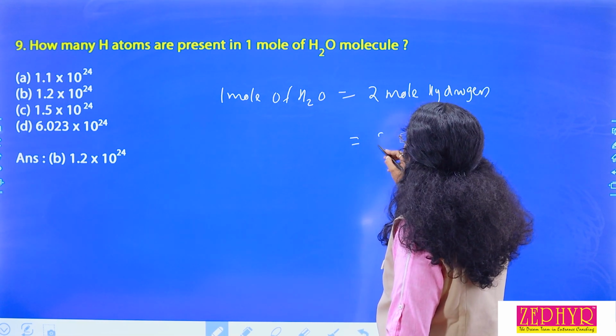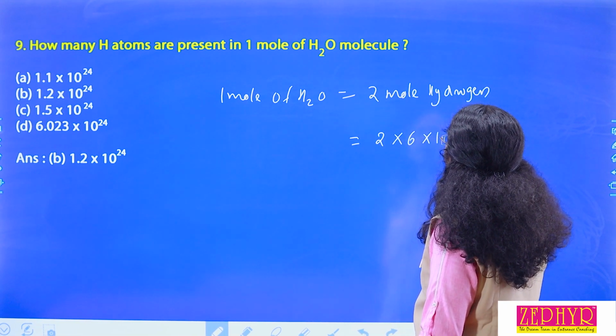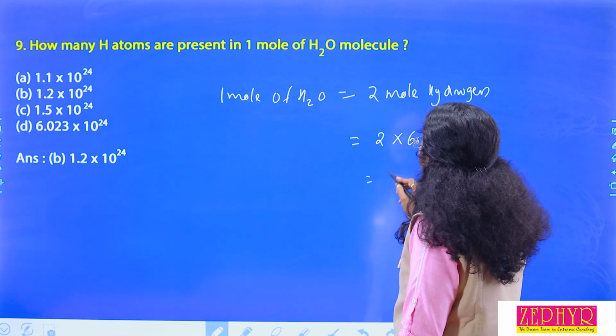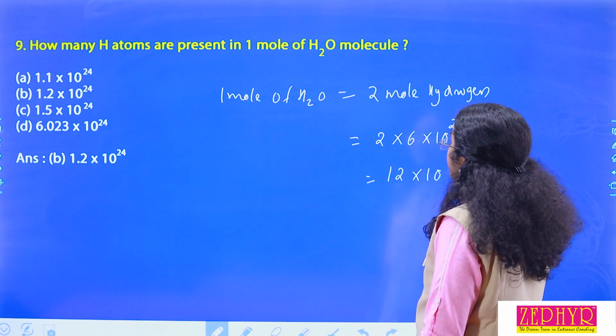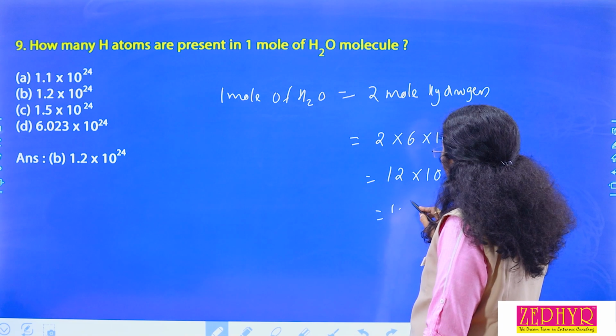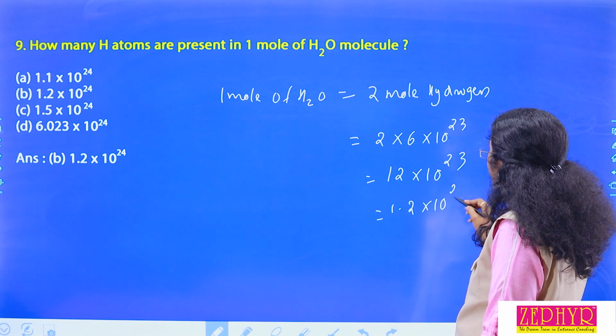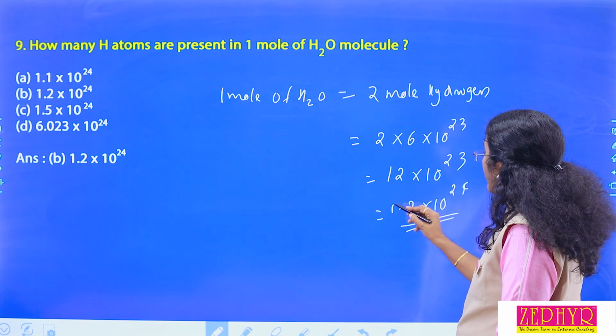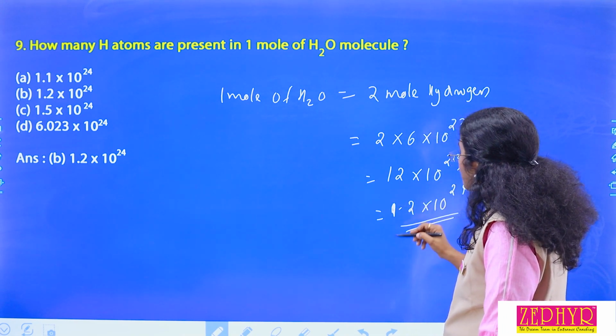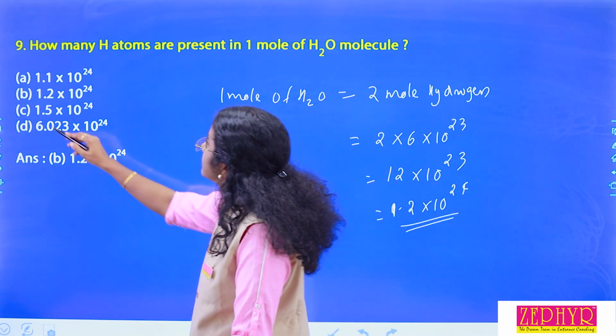Convert mole into molecule, 2 into 6 into 10 raised to 23. Answer is 12 into 10 raised to 23 or 1.2 into 10 raised to 24. Option is B.